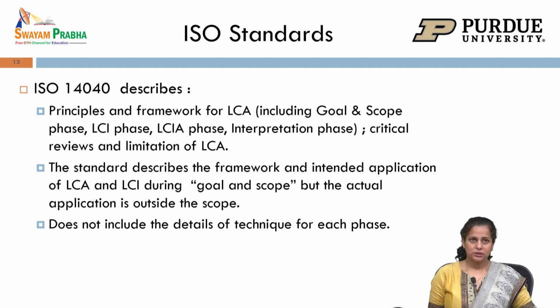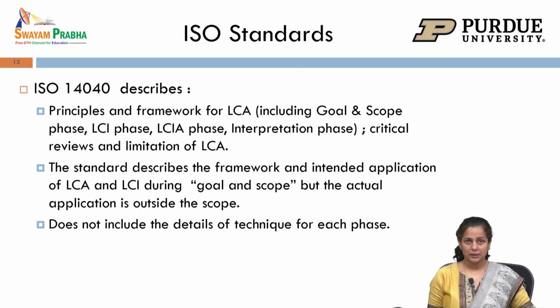So, the ISO standards describe the principles and framework for LCA, including the goal and scope phase, LCI phase, LCIA phase and interpretation phase, and critical reviews and limitations of LCA. Since the ISO provides this standard, it is easier for us to follow those norms and do a standardized LCA that can be compared across different studies.